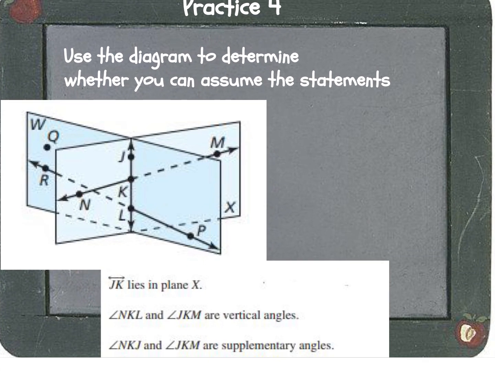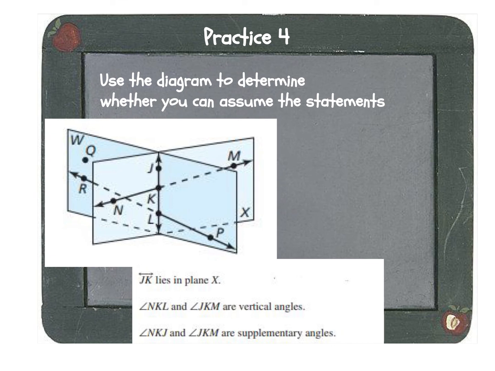Let's go, guys. Same figure. JK lies in plane X. Yes. If it lies in the intersection, is it part of that plane? You betcha. Are NKL and JKM vertical angles? Yes.